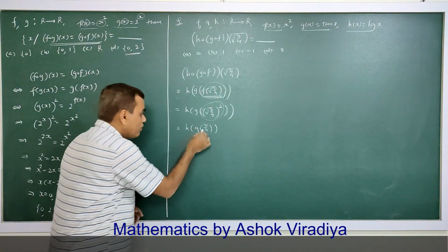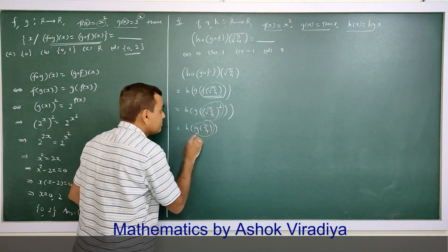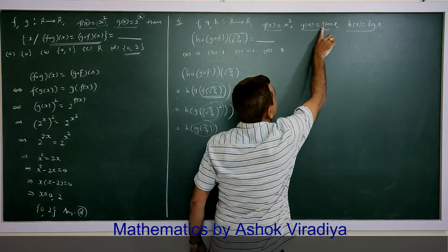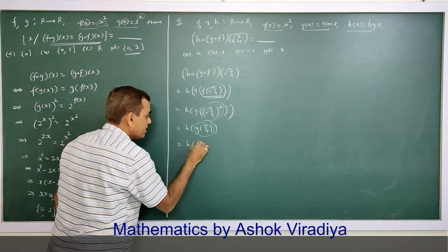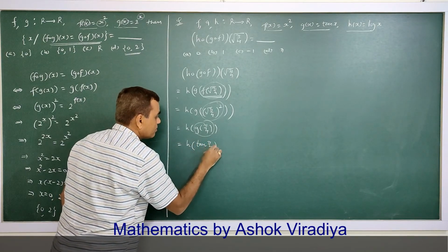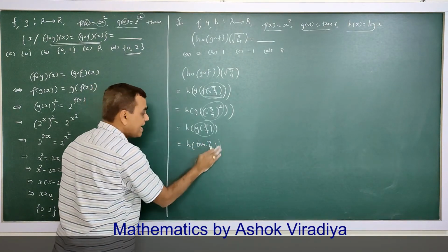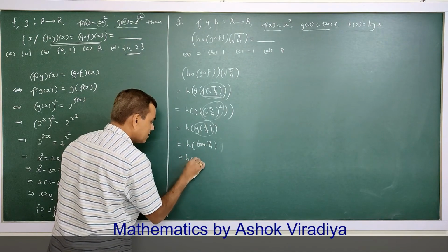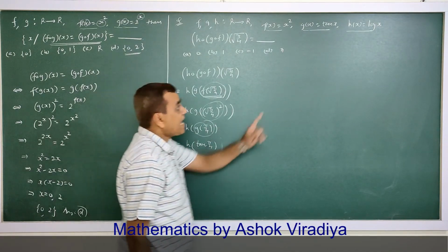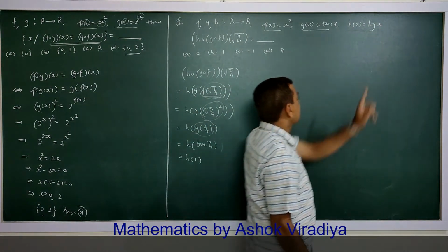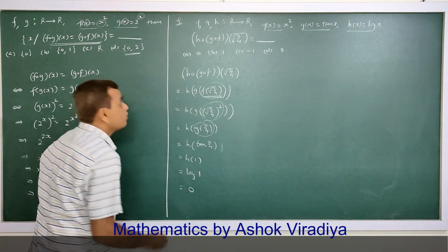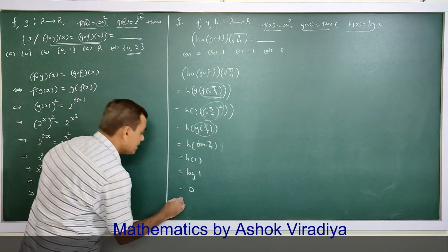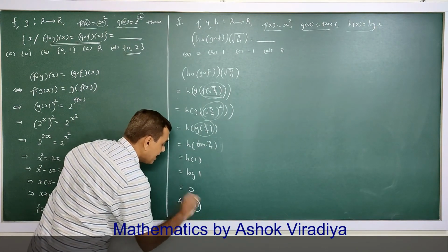Now I am putting the value of g of pi by 4. So g of pi by 4 is 10 pi by 4, and 10 pi by 4 is 1. And then h of 1 is log 1, and log 1 is 0. So the answer is option A.